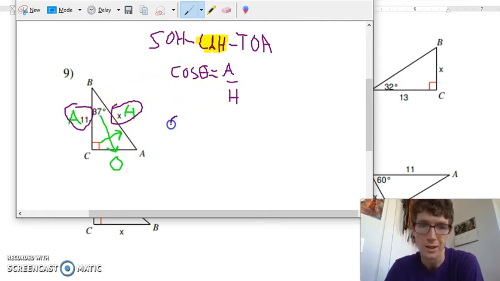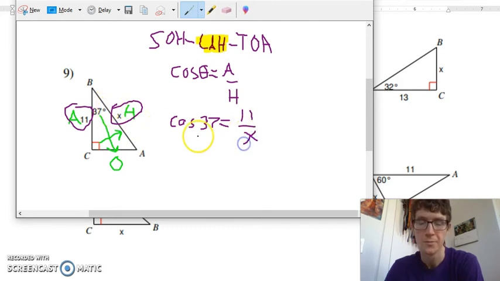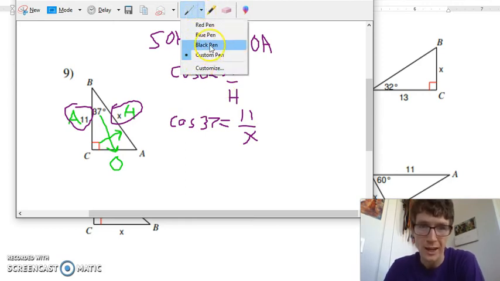This means that the cosine of 37 is equal to the adjacent, which was 11, over our hypotenuse, which is x. Okay, so what I want to do now is get x by itself, and that's a little bit difficult because it's over here in the denominator. So what I'm actually going to do is multiply both sides by x.